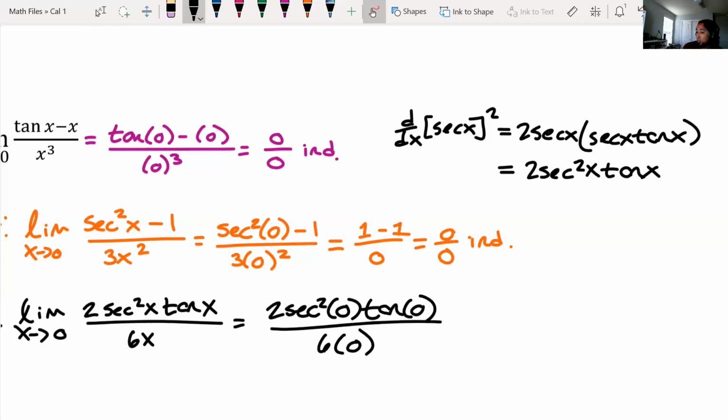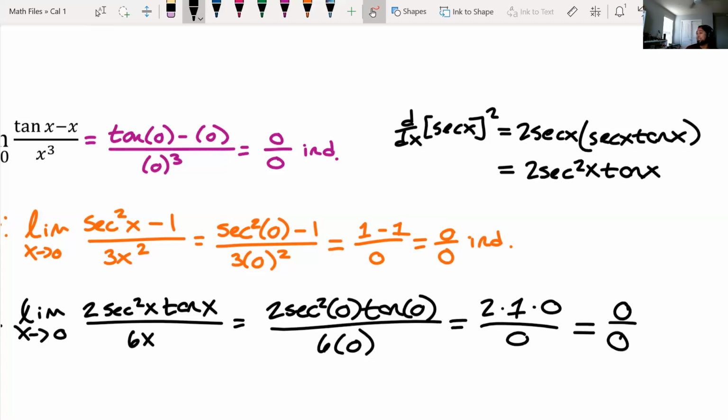So we learned that secant squared at 0 is what value? 1. And tangent at 0 is 0. So all of this is still going to be what? Indeterminate, 0 over 0.